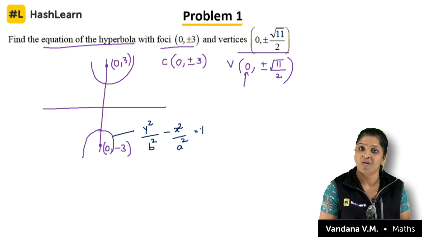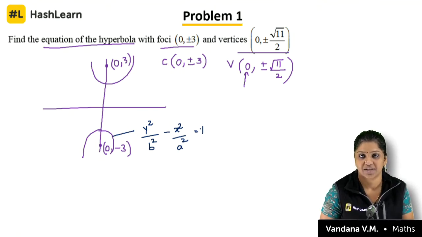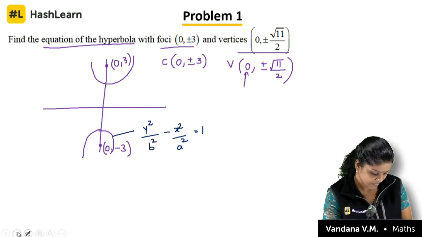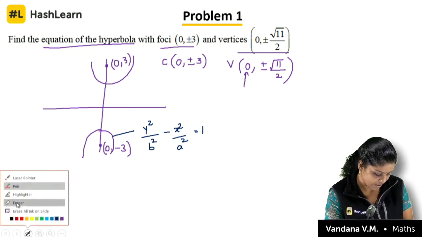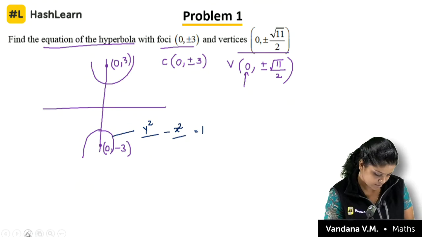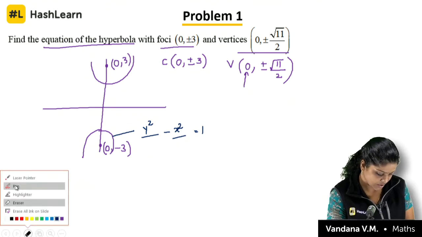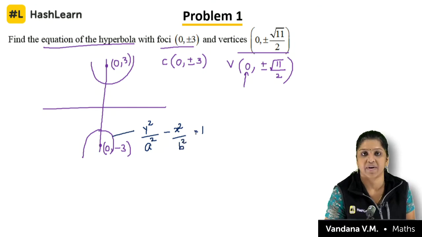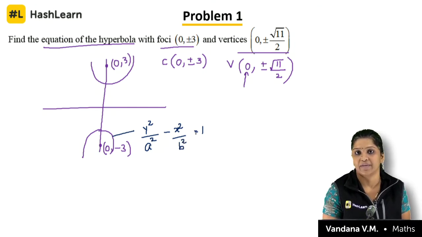So what I said: the longest minus the shortest distance. The longest is the transverse axis. The transverse axis is along the y-axis. So the equation is y square by a square minus x square by b square is equal to 1.